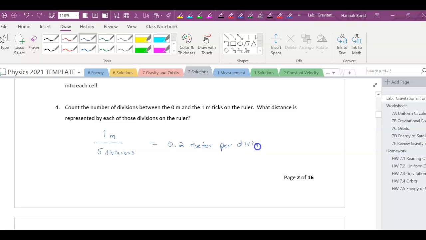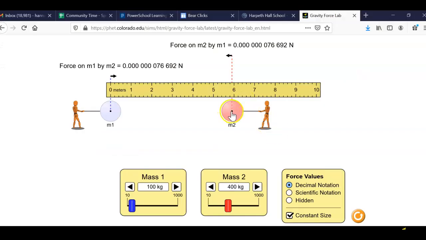Okay, so if we see a distance that is, right now my red sphere, the red dashed line is here at 5.8, right? Because it is 4 divisions past the 5 meter mark. Each of those divisions is 0.2.